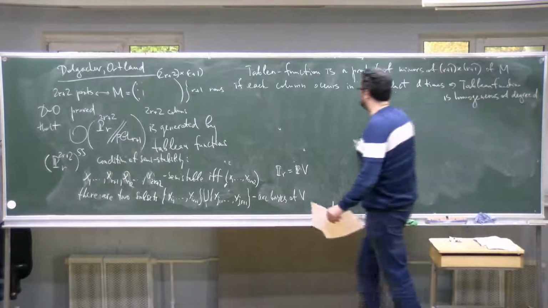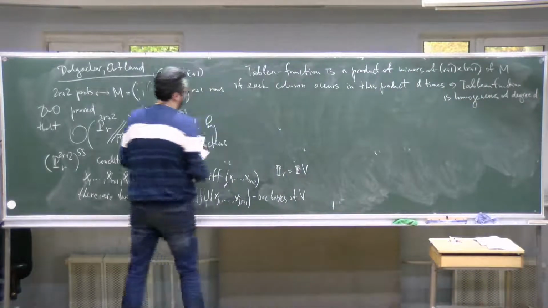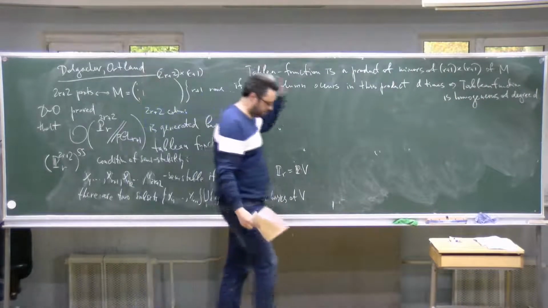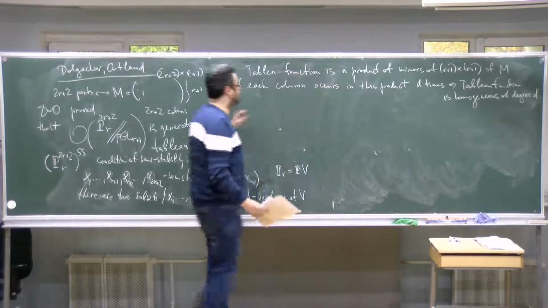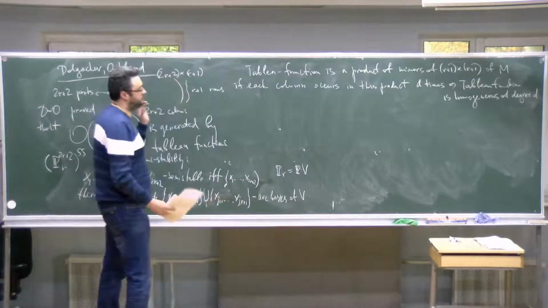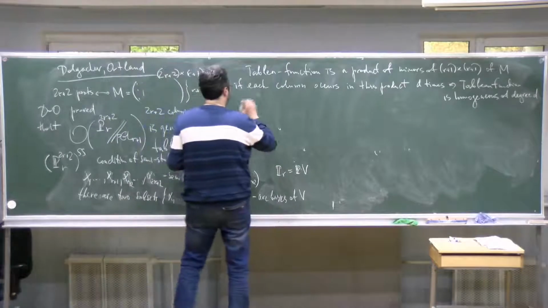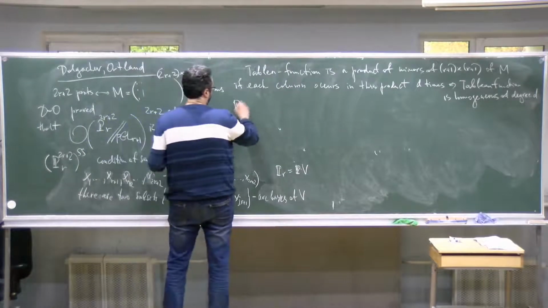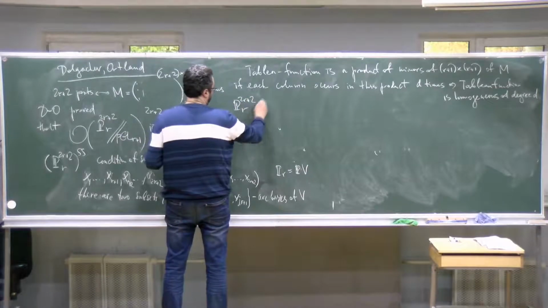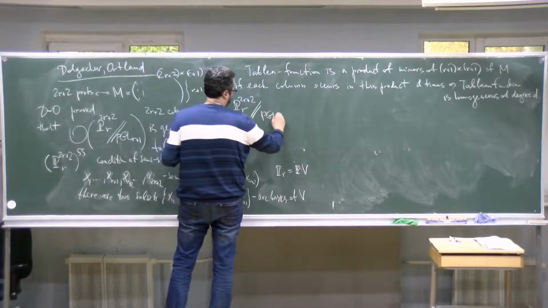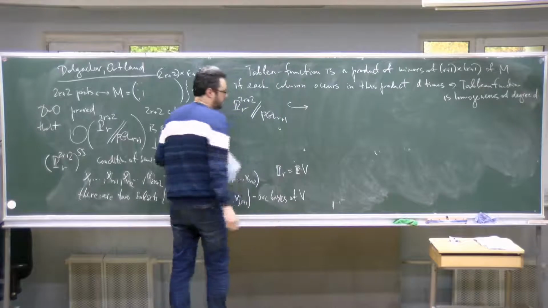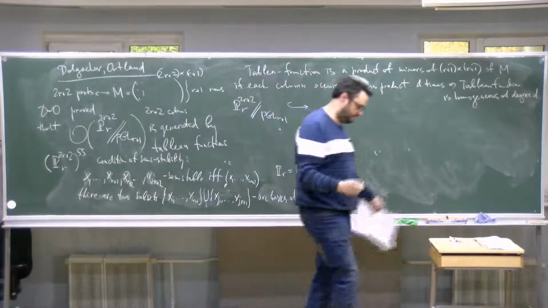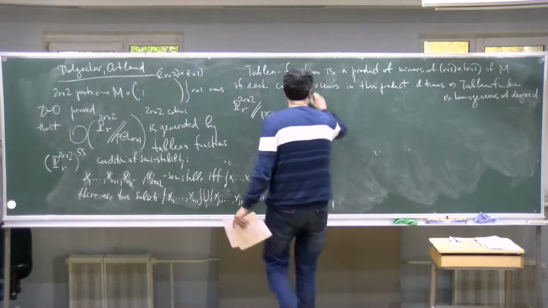And for this tableau function, each column occurs the same number of times, and these tableau functions define the embedding of this quotient in some projective space, maybe weighted projective space.